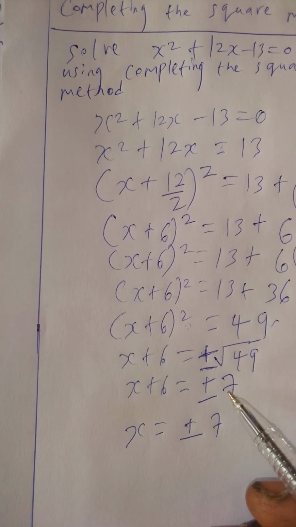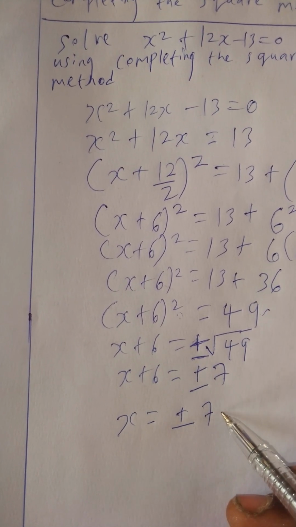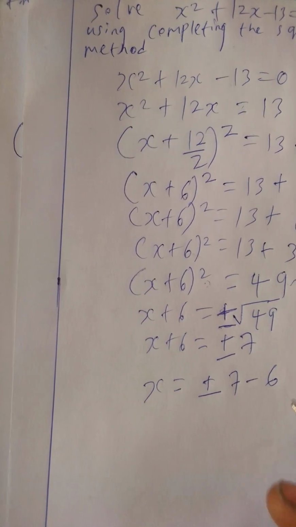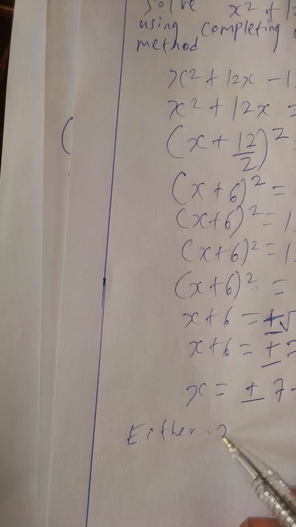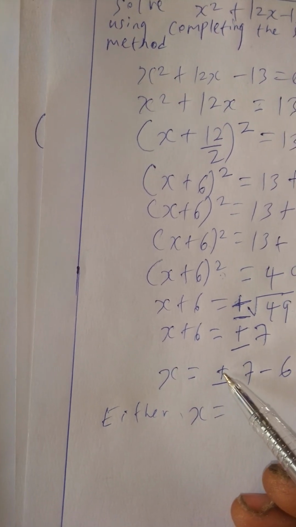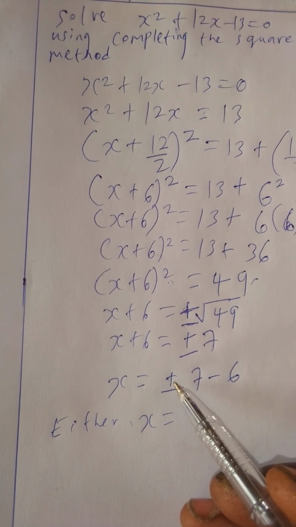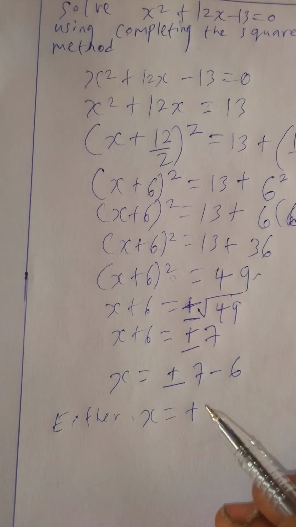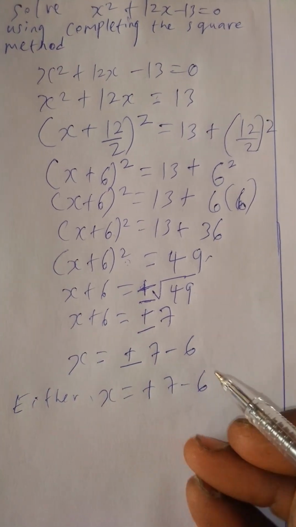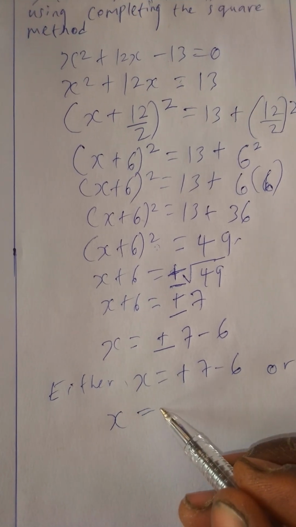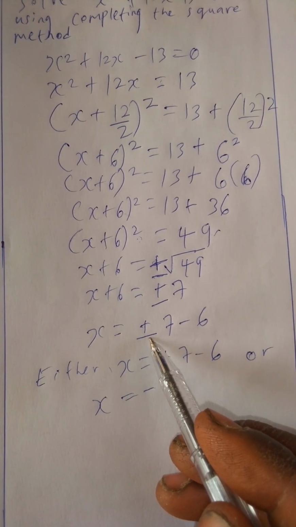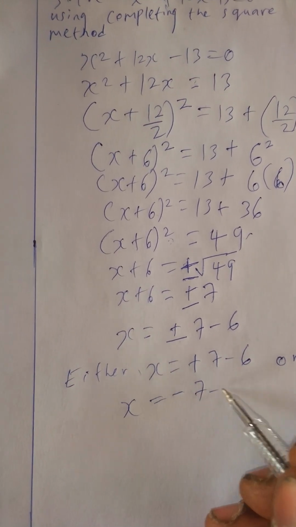This 6 will cross the equal sign and become negative 6. So either x equals to plus 7 minus 6, or x equals to negative 7 minus 6.